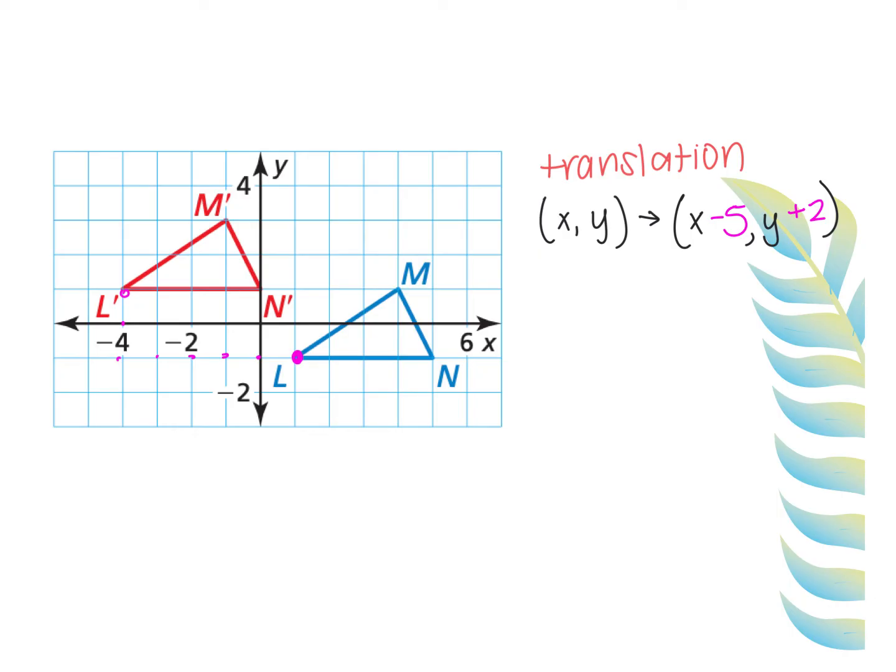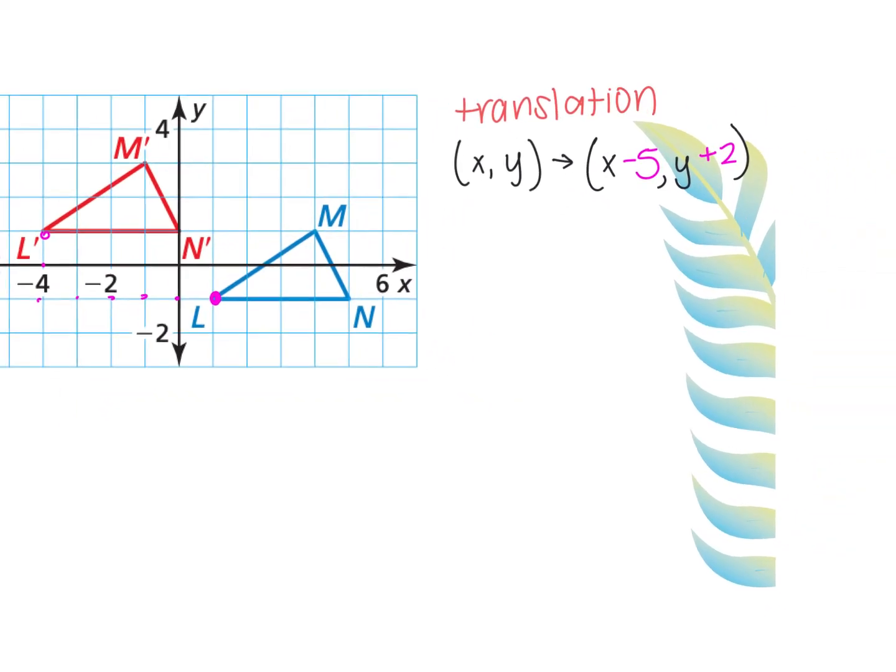All right, finding the coordinates. First, I'm going to do my pre-image. So I'm actually going to do it right here. Coordinates for M is 4, 1. Coordinates for N, I have 5, -1. And then L, I'm going to have 1, -1. So following the rule, we're just going to subtract from our X's.